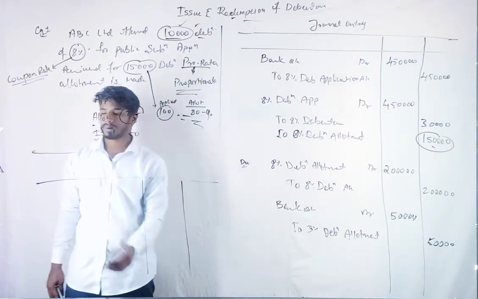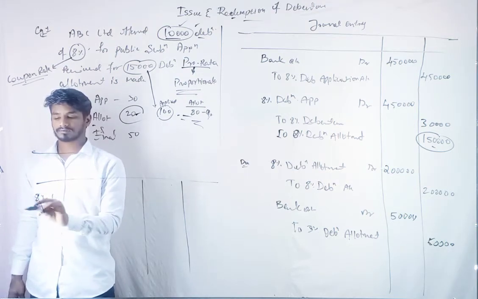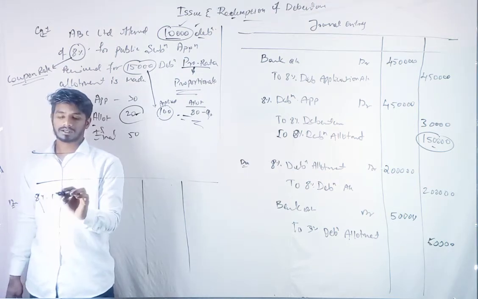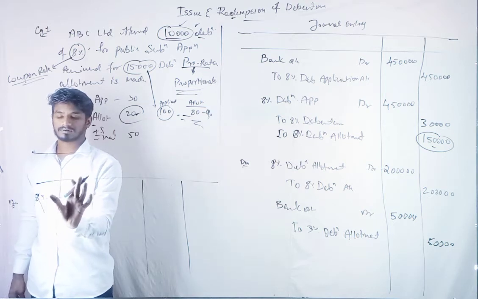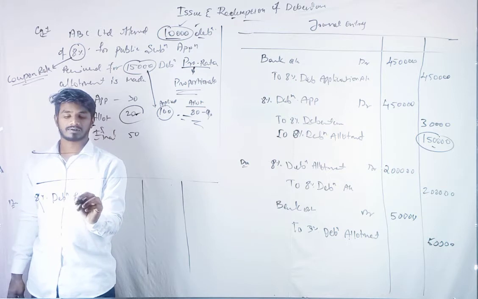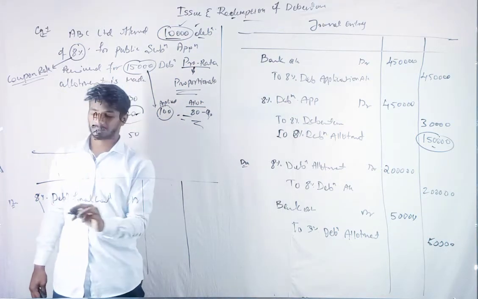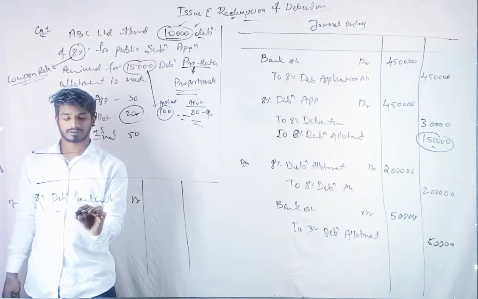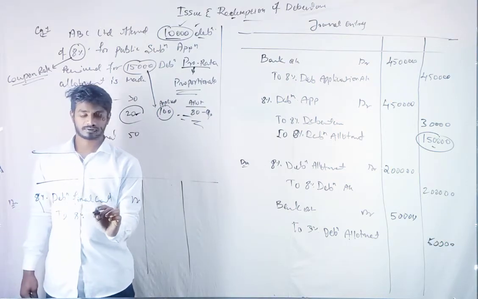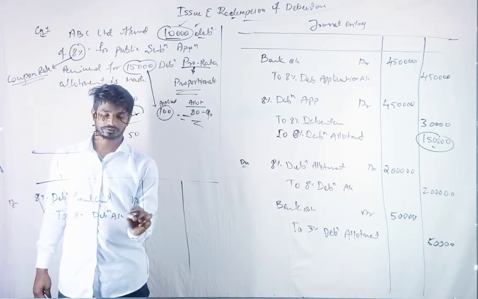Final call. It is 8%. We should make it due. 8% debenture final call debit to 8% debenture account.